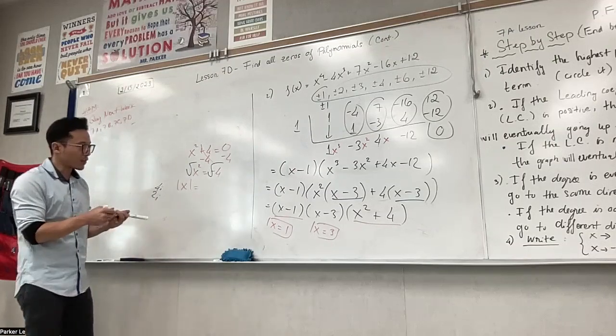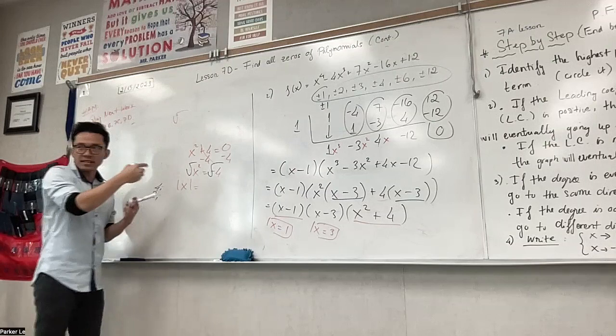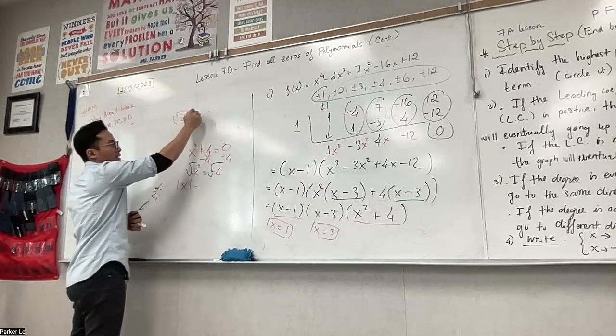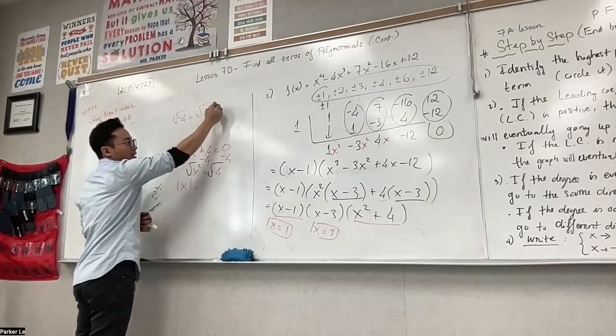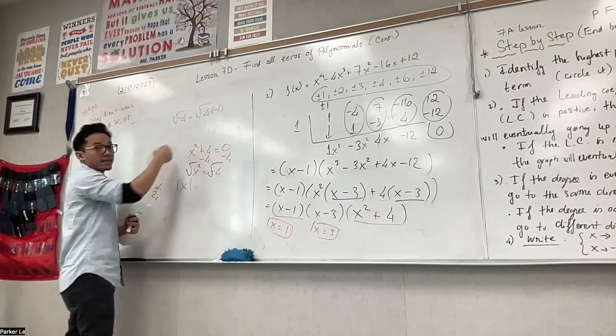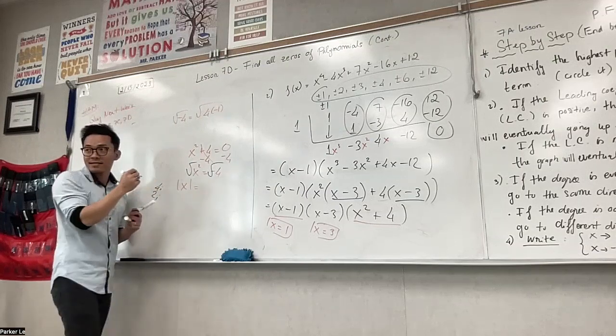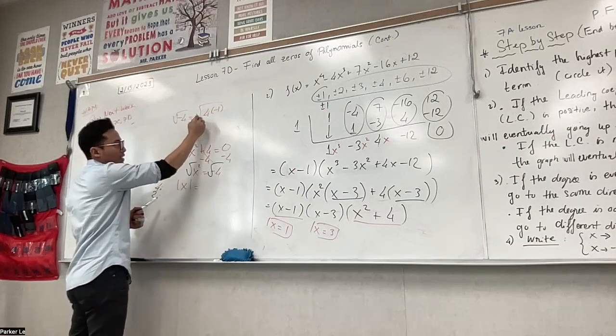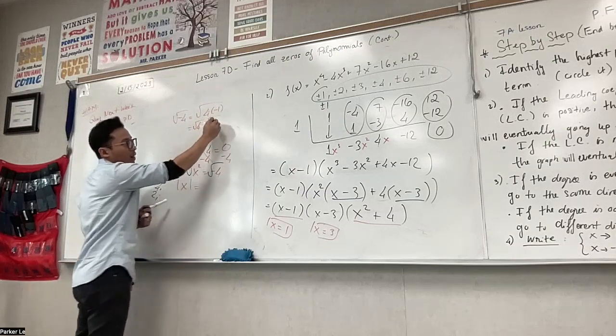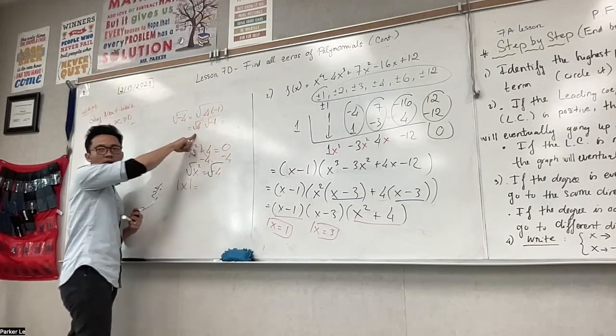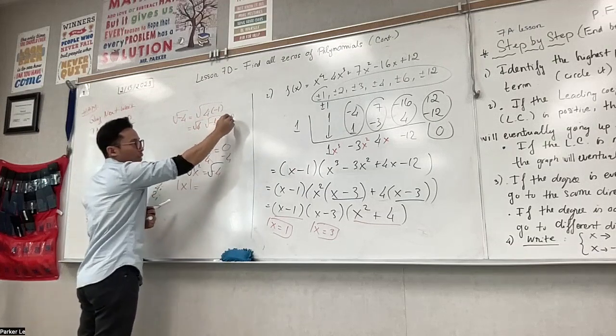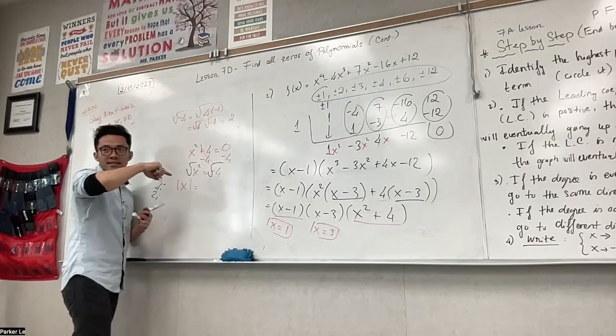Yes. Okay. Let's see which one it is. Let's refresh. -4 is 4 times -1. Correct? Yes. And then this is the square root of 4 and the square root of -1. What is the square root of 4? What is the square root of -1?